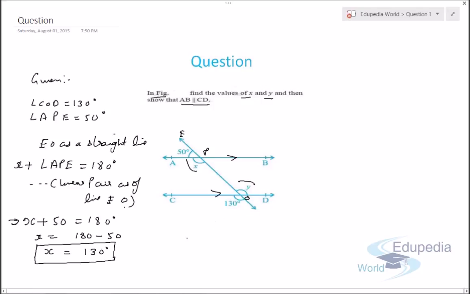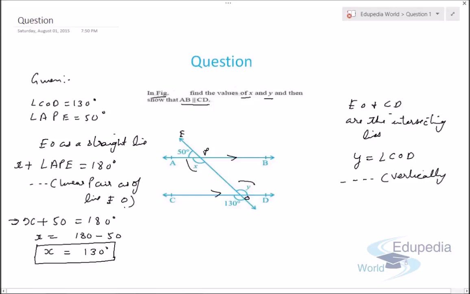Now we need to find the value of y. We can clearly see that EO and CD are intersecting lines. So y will be equal to angle COD. Why? They are vertically opposite angles. Why are they vertically opposite angles?